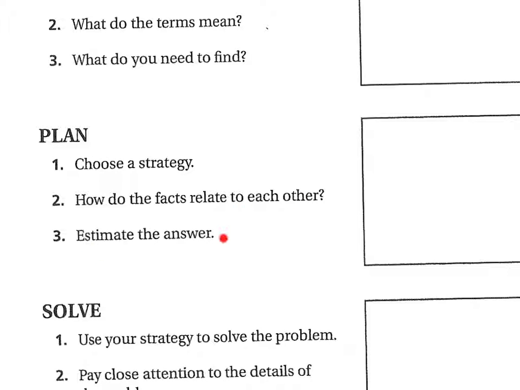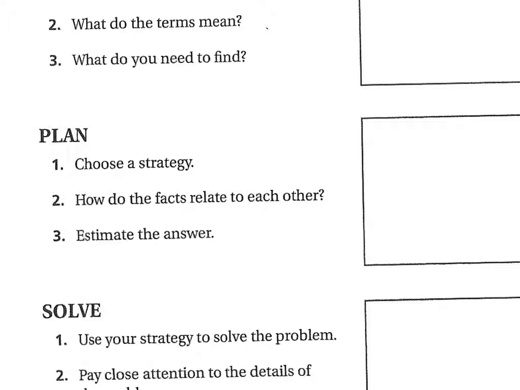So that's how my facts relate to one another. And then I have to estimate my answer. When I think about it, he's making $30 over 20 days, and I know 3 times 2 is 6, but it's 30 times 20, so my guess is he's going to make around $600.